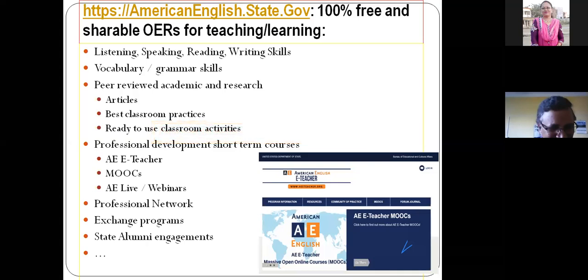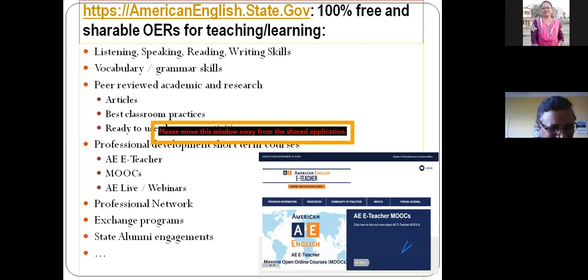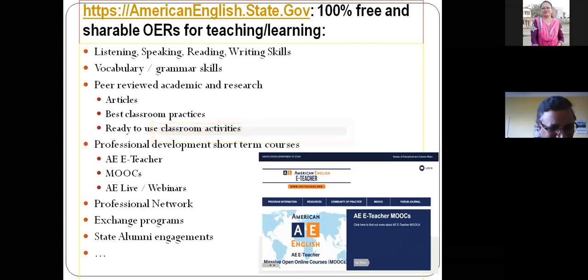And we have some other exchange programs, state alumni engagements. If you have done the E-Teacher course, or if you were an Access teacher, or if you were in an exchange program, like I know Ashok sir did Teaching Excellence and Achievement, and in the audience there are so many, like Ashok sir and Gopal sir, that you are alumni and you can apply for the AEIF grant.